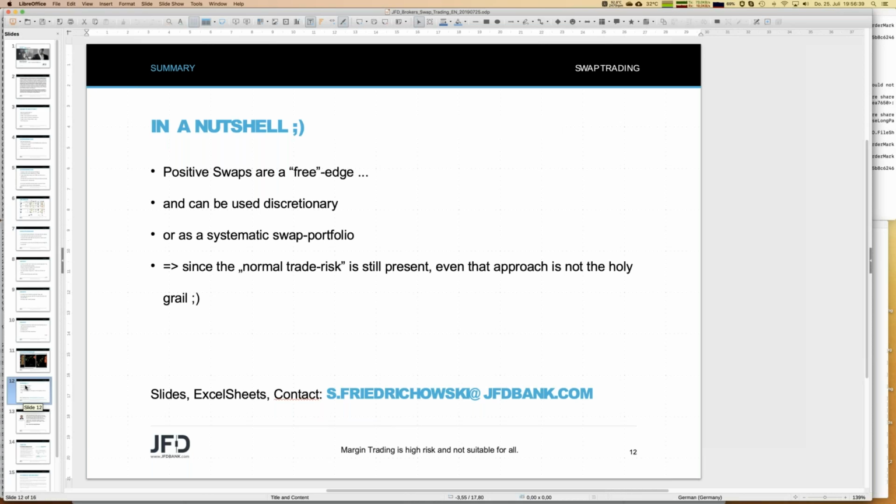The good thing is that it looks like going in the direction of positive swaps is in favor of earning money with that trade as well. But I cannot really prove that because I don't have historical swap values, so I cannot do a backtest for that. But at least it looks like it.